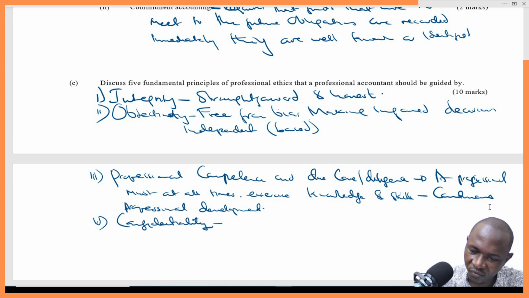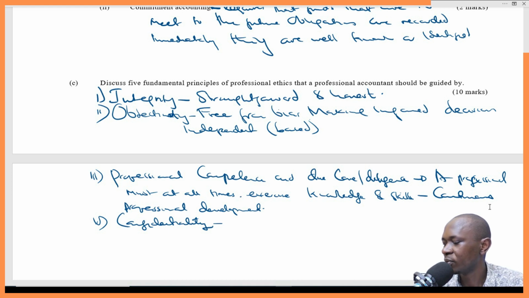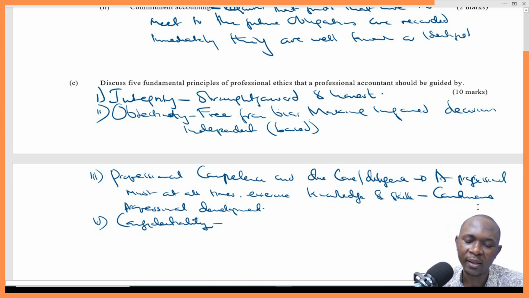Number 4, confidentiality. That all information that this professional accountant has access to in the course of duty must be safeguarded. It must not be used for other purposes outside there, where you might infringe on another person's right to privacy.